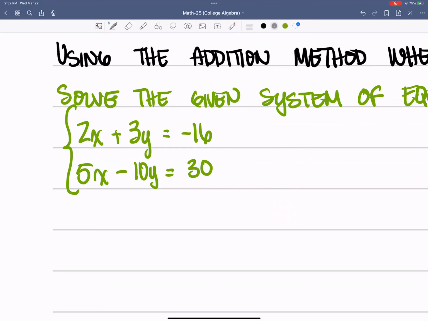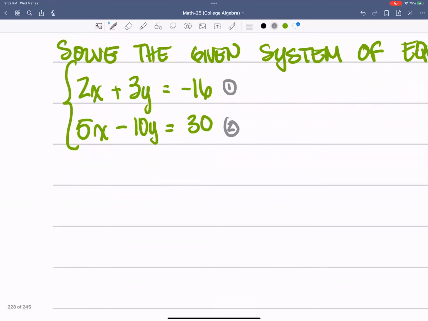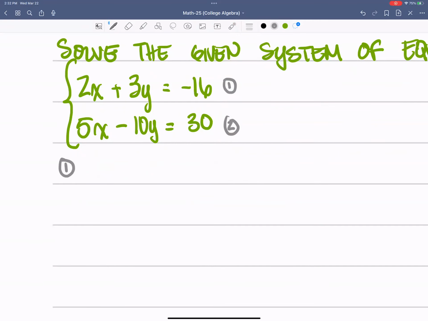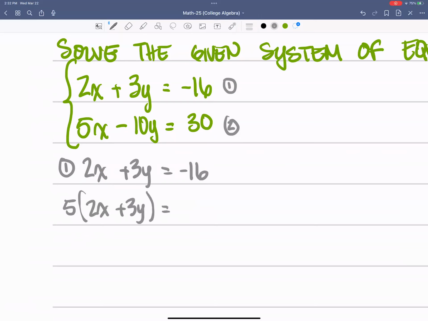All right, so let's label this one equation 1. Let's label this one equation 2. So for equation 1, we have our 2x plus 3y equals negative 16. And we want to multiply this one by a positive 5, so that way when we add them together, the x variable turns to 0. So positive 5 times 2x plus 3y is equal to negative 16 times 5.